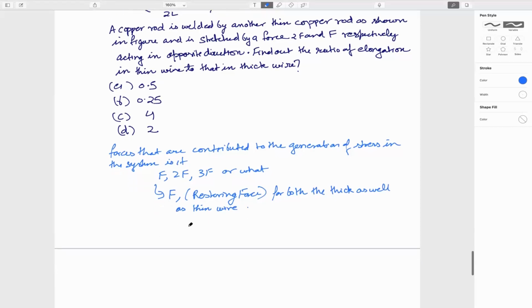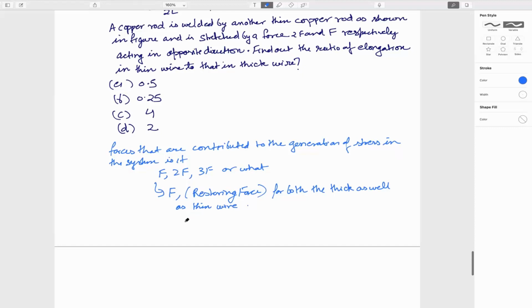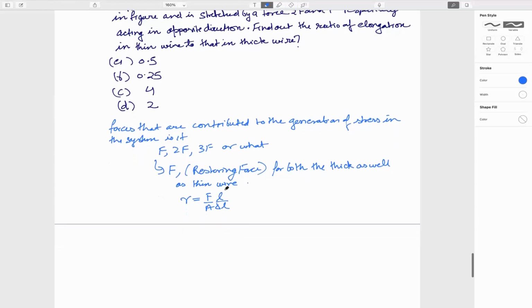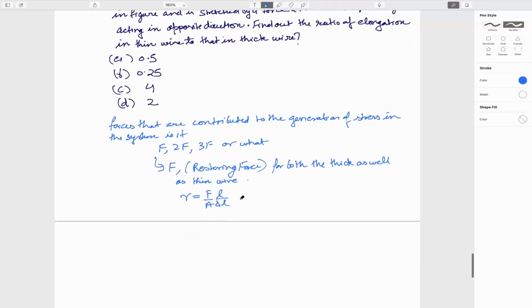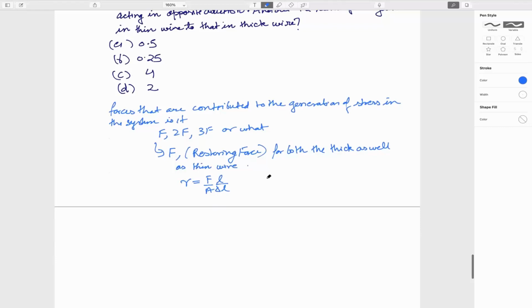Now, Young's modulus Y is nothing but F by A, L by delta L. We want to find out the ratio of elongation, delta L thin to delta L thick.